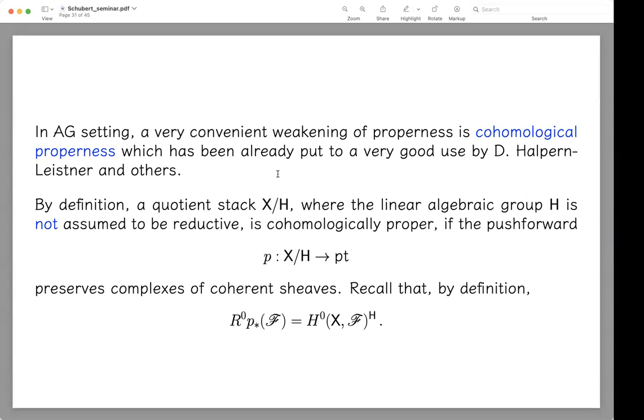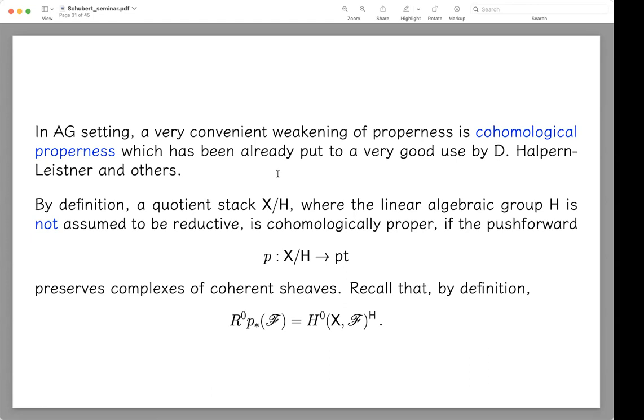So what is a cohomologically proper quotient stack? If I have a map from the quotient stack X mod H to the point, this has a push forward on coherent sheaves. Namely, for coherent sheaves you take the ordinary push forward together with taking invariants with respect to your group, and it has higher derived functors.